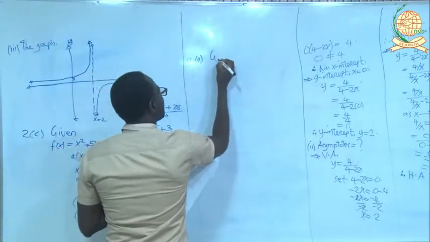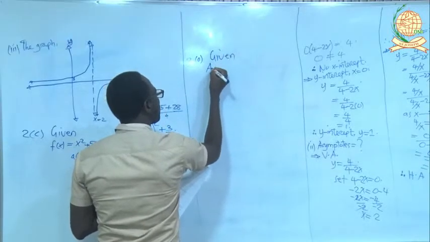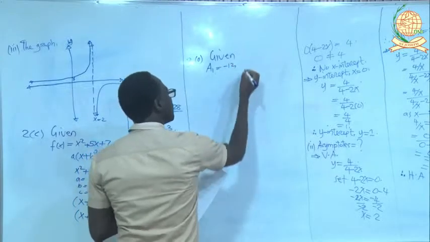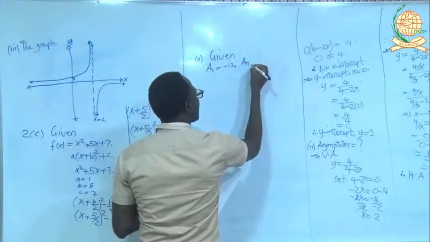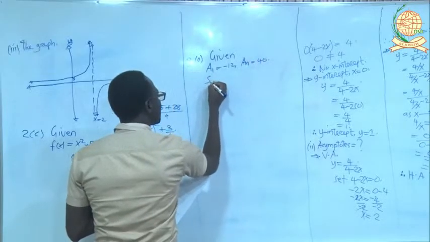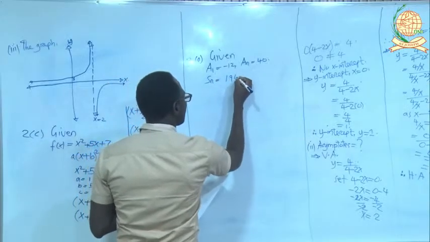So I'm writing here the data. We are given the first term, A1, equal to negative 12. We are given the last term, AN, 40. Also, we are given the sum of n terms, 196.